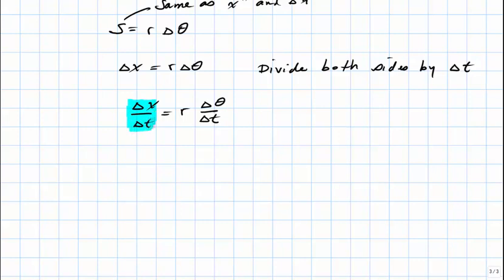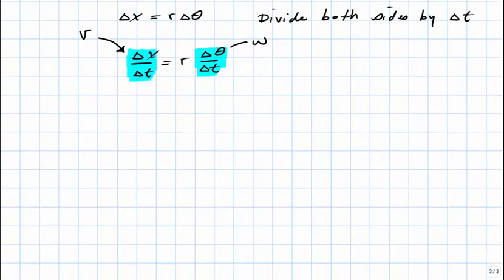That relationship, of course, is the definition of velocity. And delta theta over delta t is the definition of angular velocity. Therefore, linear velocity is connected to angular velocity through the following relationship. V simply equals r times omega.